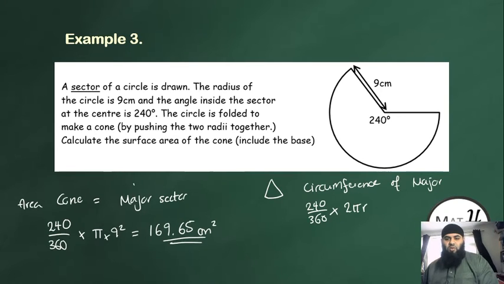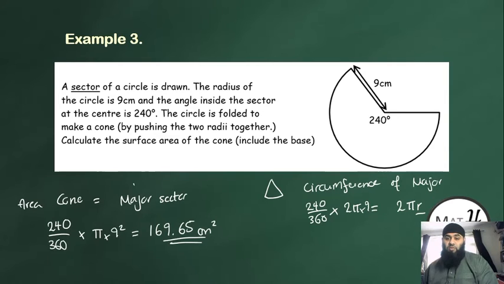This is going to be equal to 2 pi, and the r itself over here is 9, so times 9. And we have the r that we need to find out. So this is the missing thing that we need.